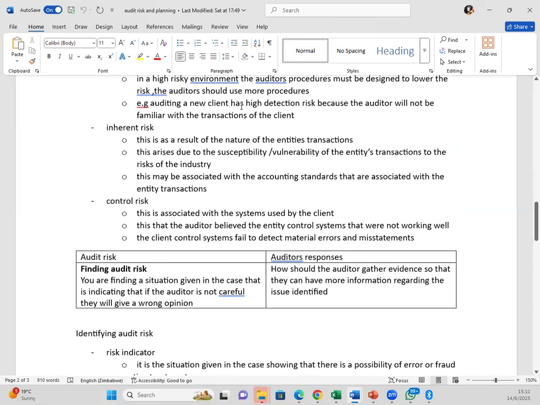Because as an auditor, in some cases, I will place reliance on the entity's systems. I came to conduct the audit, and I had to rely on the systems of the entity. If I place reliance on the systems of the client that have weaknesses in them, that is control risk.